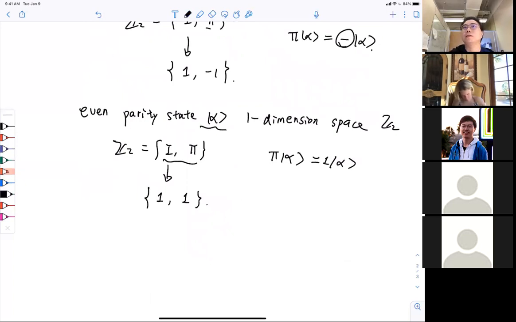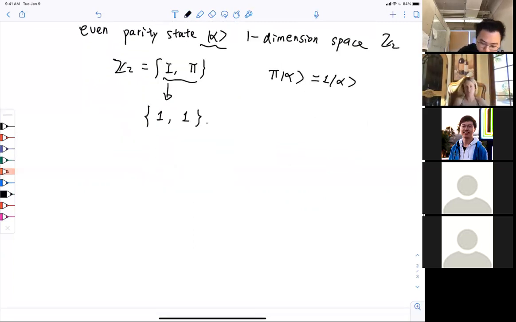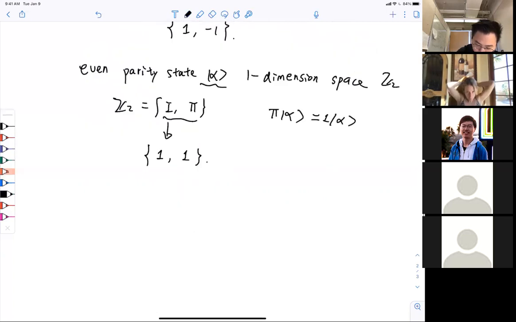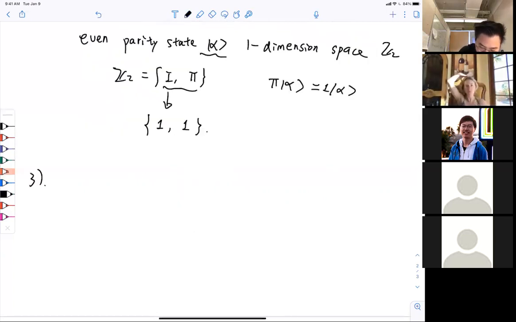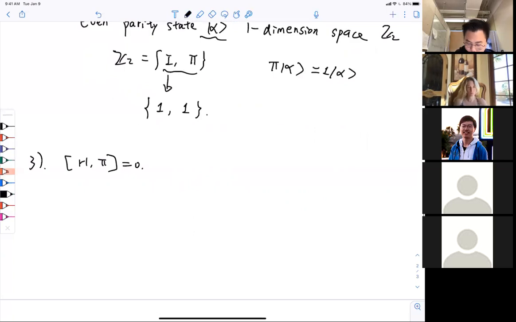Okay. So what's the next thing I want to say? Another thing is, if this Hamiltonian has the parity symmetry, what can we say about this Hamiltonian, about this system?